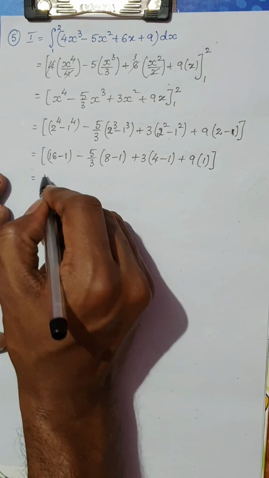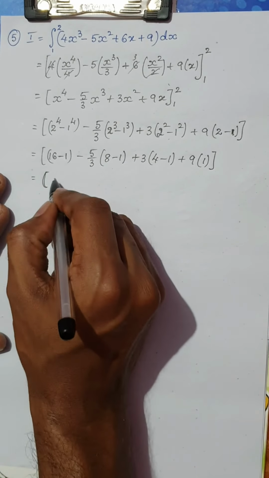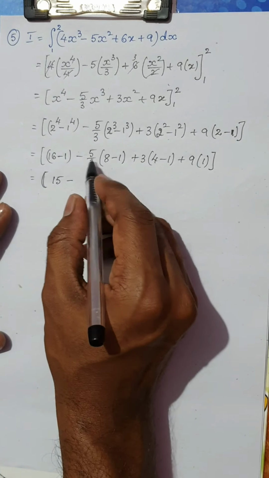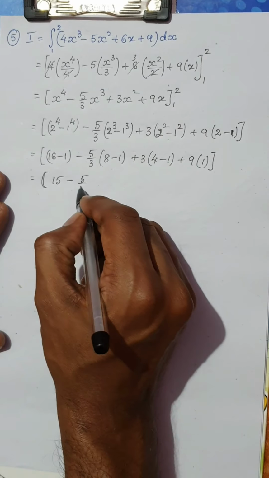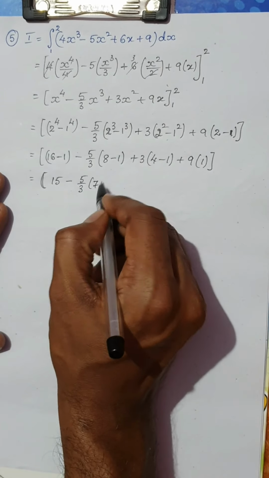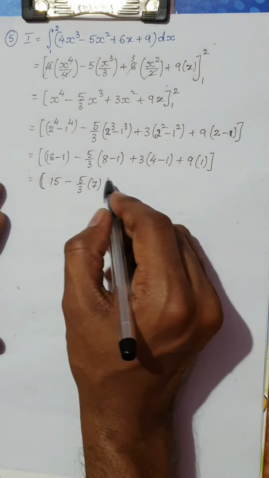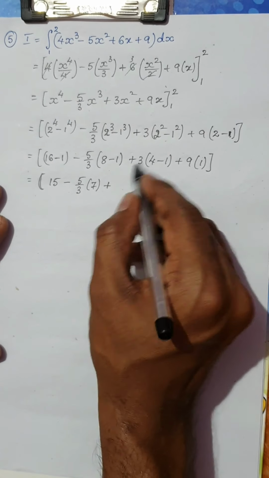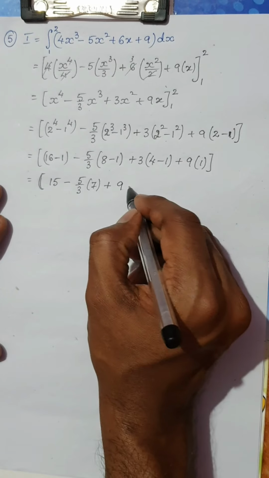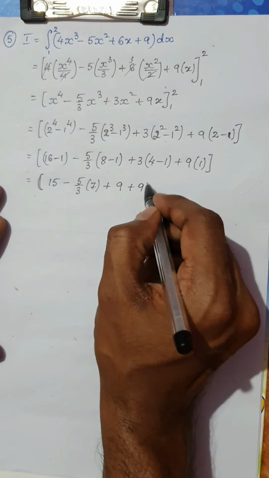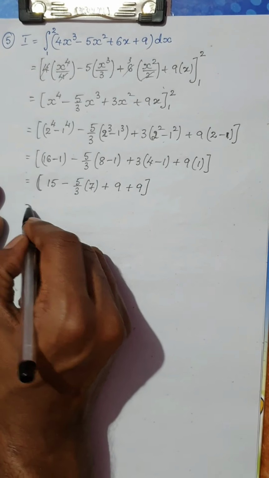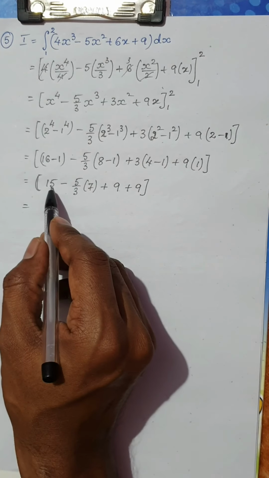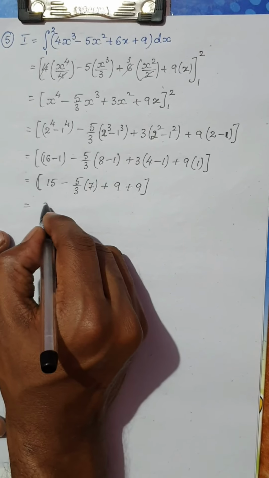Okay, so this is nothing but, you can simplify this: 16 minus 1 would be 15, minus, you can look here, this is 5 by 3 into 8 minus 1 would be 7, right? Plus, now look here, what is 4 minus 1? 4 minus 1 is 3, 3 3s would be 9, plus 9 1s is 9. So this is nothing but, now look here, 9 plus 9 is 18, and 18 plus 15 would be 33.